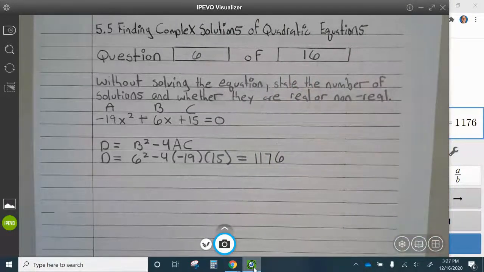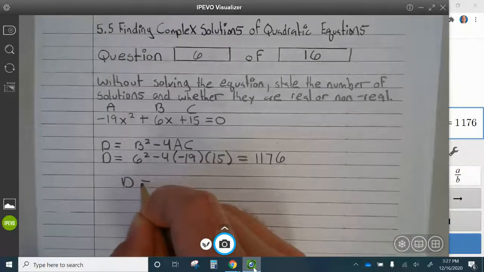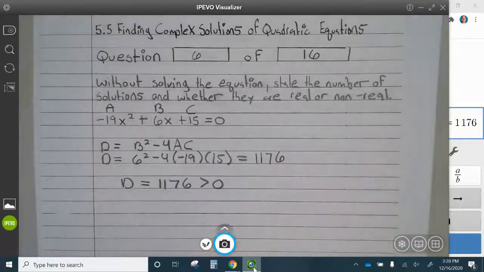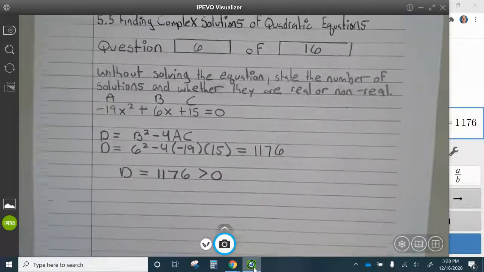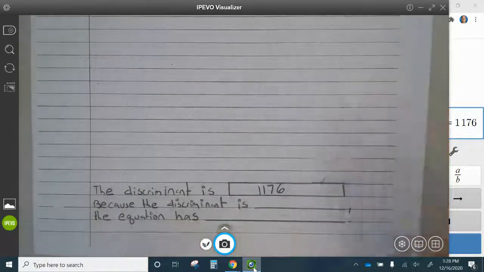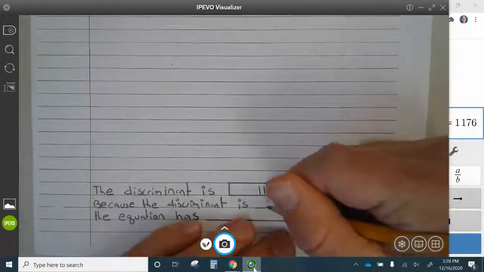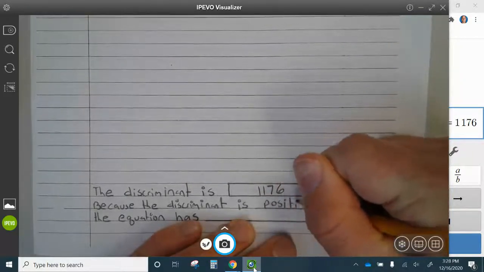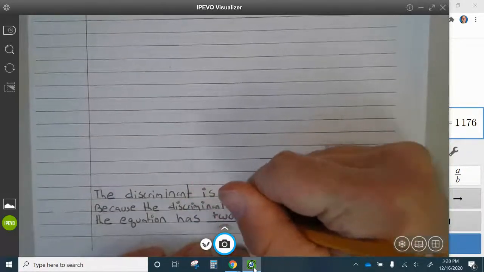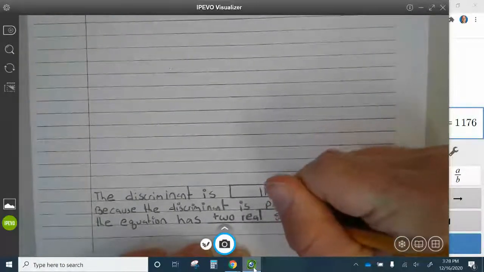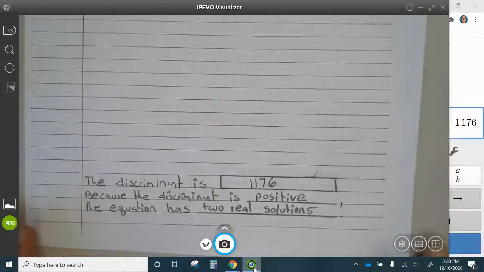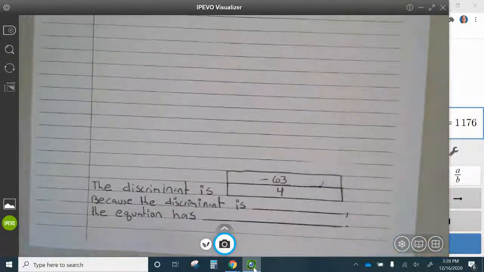Okay, now we know from our notes that since the discriminant is equal to 1,176, which is greater than 0, because the discriminant is positive, the equation has two real solutions. Okay. All right, let's take a look at question number 7.